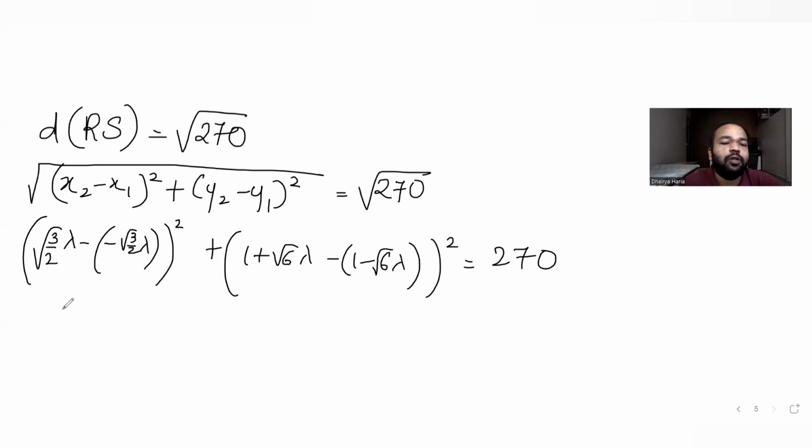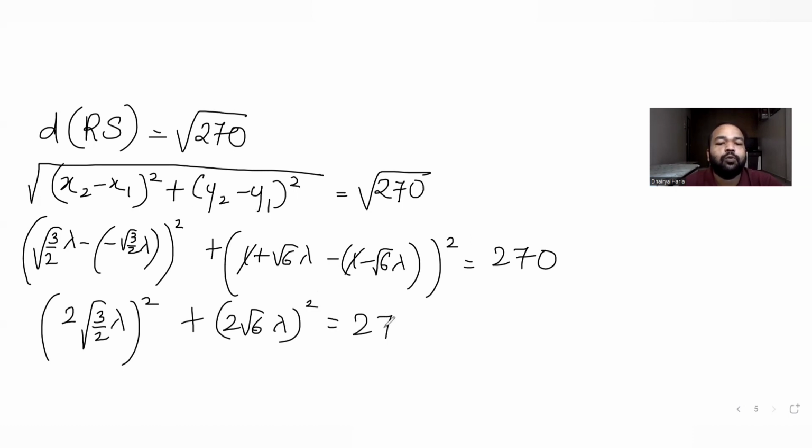If I solve this further, it becomes (2 times √3/2 lambda) the whole square. Here 1 and 1 get cancelled, you get (2 times √6 lambda) the whole square is equal to 270. If you further solve this, 2 square is 4 into 3/2 lambda square. 2 square is 4 into 6 lambda square is equal to 270.